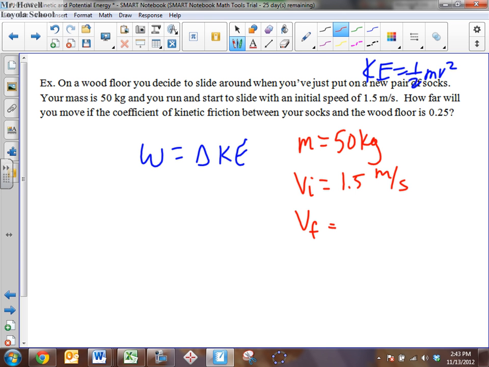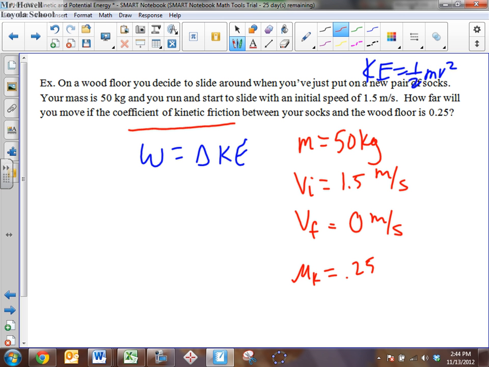Why is that? Because you're going to stop. You're running across the room, you start sliding, and then you come to rest. So your final velocity must be 0. And your mu K would be 0.25.